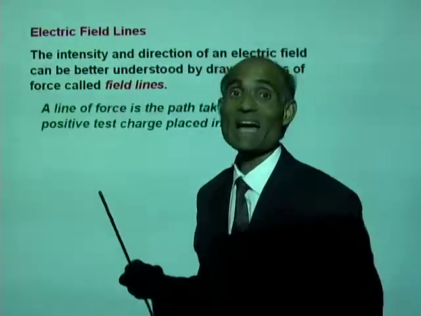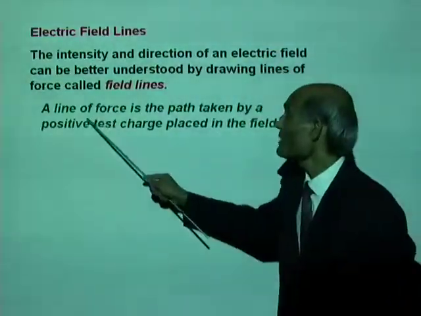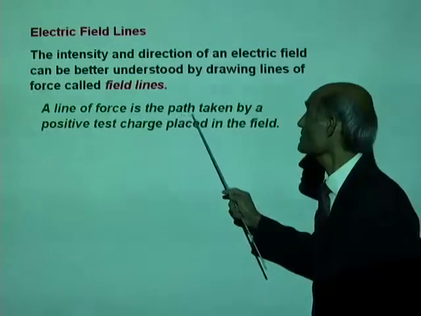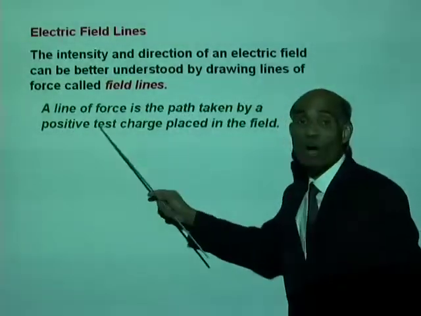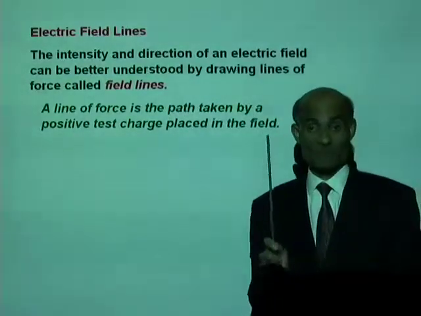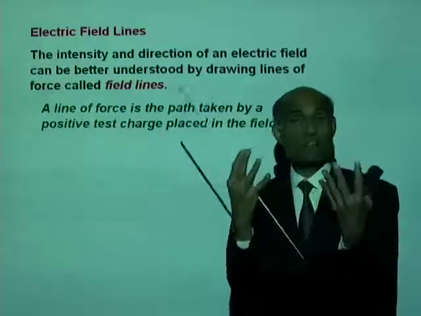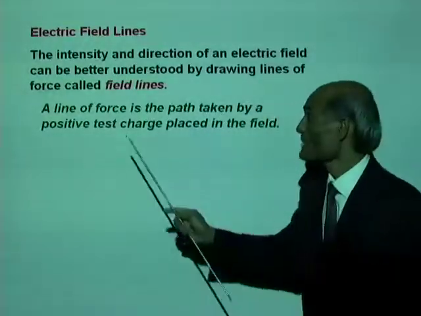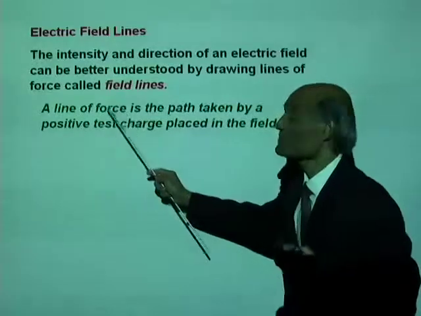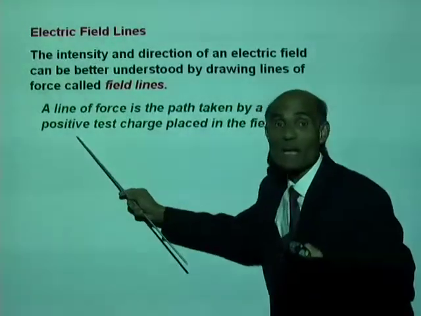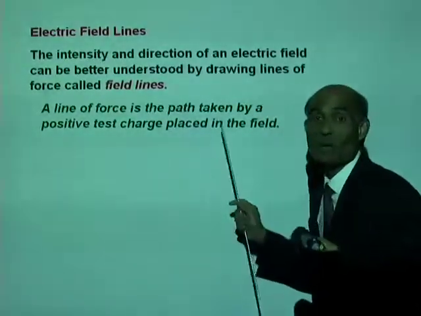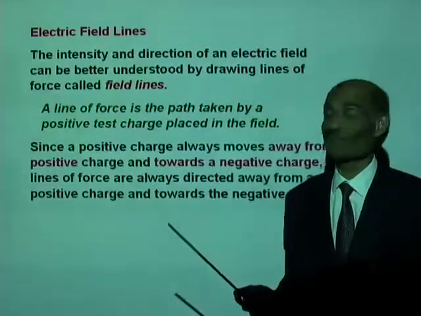So what is a line of force? A line of force is the path taken by a positive test charge. Remember, our test charge is our guiding charge. So a line of force is the path taken by a positive test charge placed in the electric field.